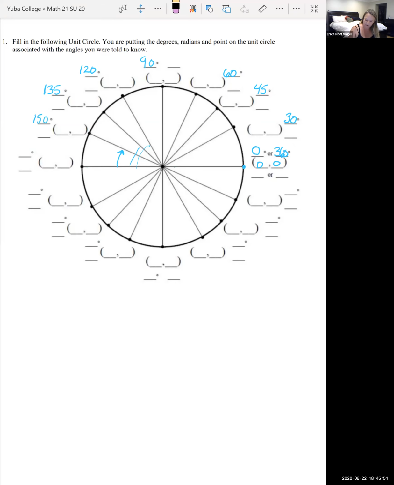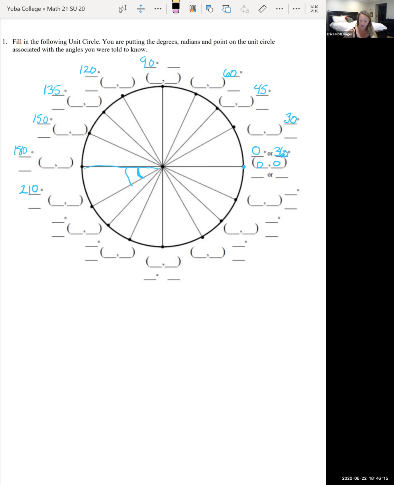To get to a full line, that's 180 degrees. Let's think of this again as reference angles from our negative x-axis going into our third quadrant. If we add 30 degrees to 180, that's 210 degrees here.